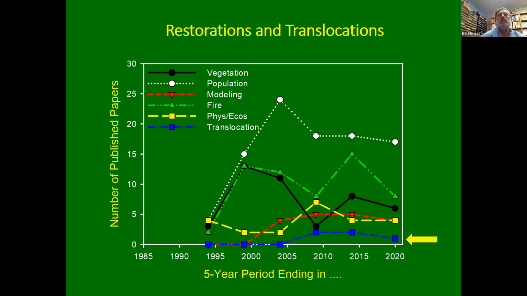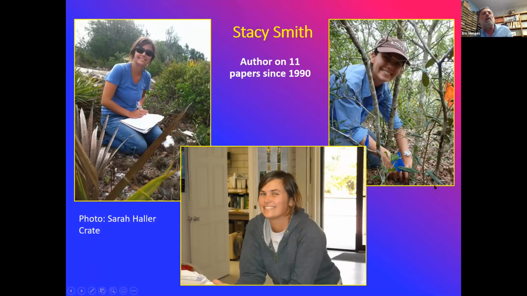And that's the graph here with the blue squares, and we haven't published very much on this yet, but I think we've done some good conservation work. I want to call out, besides Carl Weekly, Stacy Smith, who's been an outstanding research assistant with me for more than a decade and engineered these translocations, which are logistically really challenging.